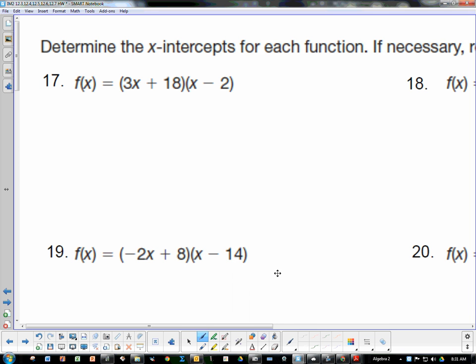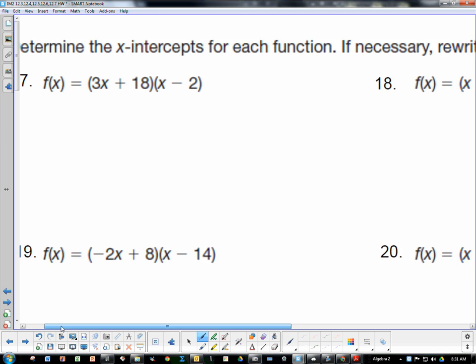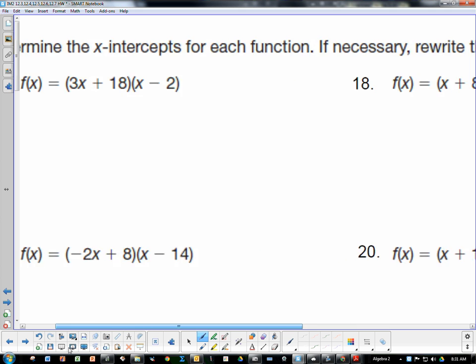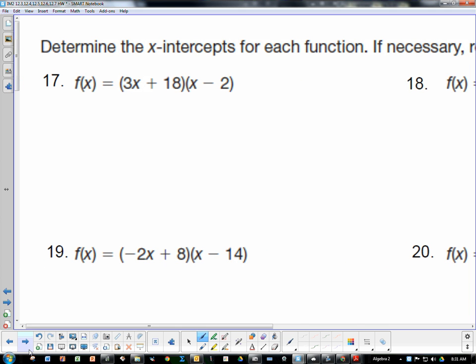Okay, we have kind of fast forwarded to number 17. Number 17 is asking us to determine the x-intercepts and then, if necessary, write the function in factored form. There's a couple ways to do this, but here goes. We want to find the x-intercepts. So what do you plug in for f of x if you're going to find x-intercepts? 0.